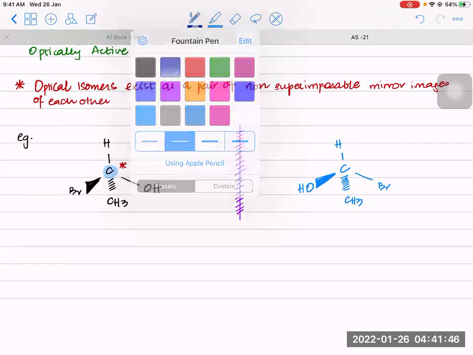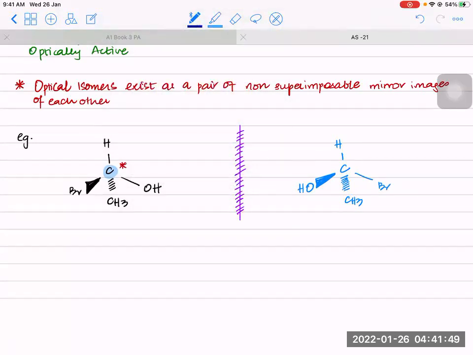If you see right here, the molecular formula is C2H5BrO. Yes. Let's see the structural formula here. CH, Br, OH, CH3.